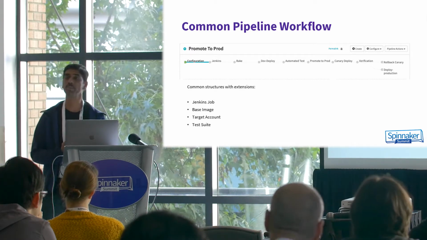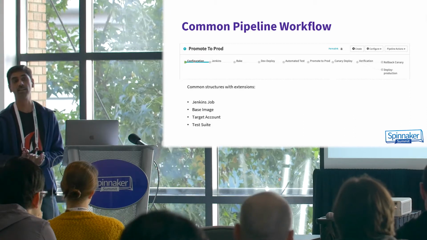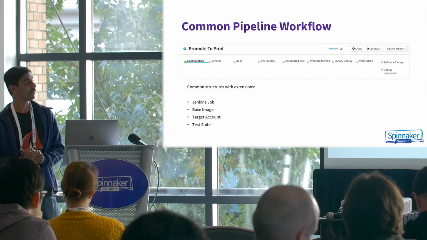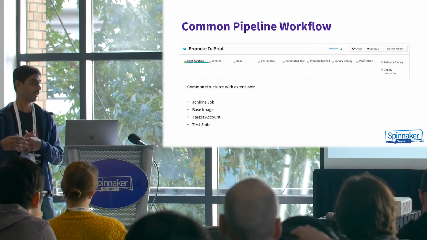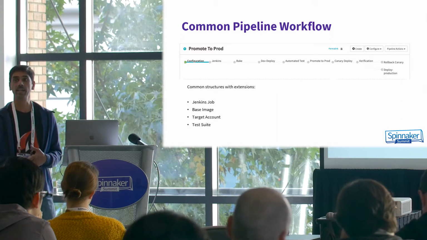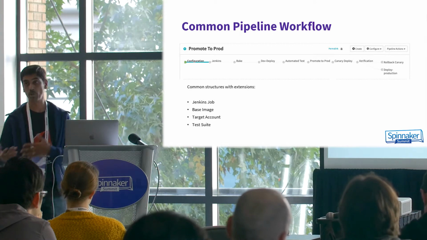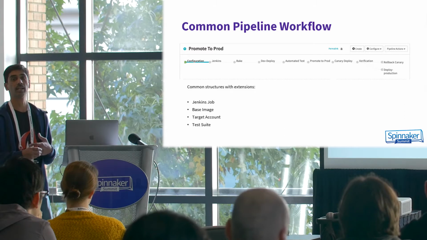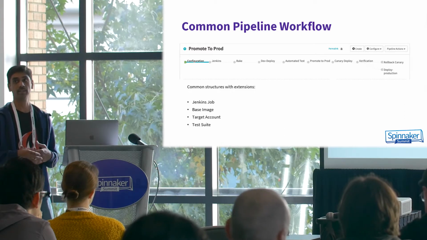Then you would promote, and this promotion can follow certain deployment strategies. You can do a canary deployment and then a rolling update, or a canary deployment and then a blue-green update, and then based on verification, decide whether to roll back your changes.